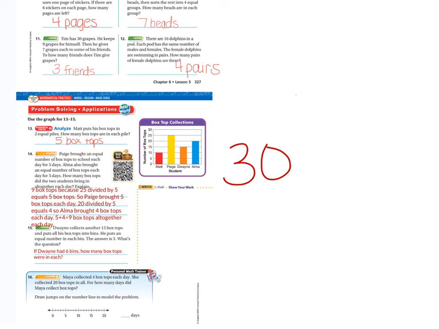So from here, I know I want the answer to be 5. So I'm going to write this as an equation. So 30 divided by what equals 5? Whatever this number is right here, I need to make sure to include this in my question because that's the missing piece that we don't have in number 15.